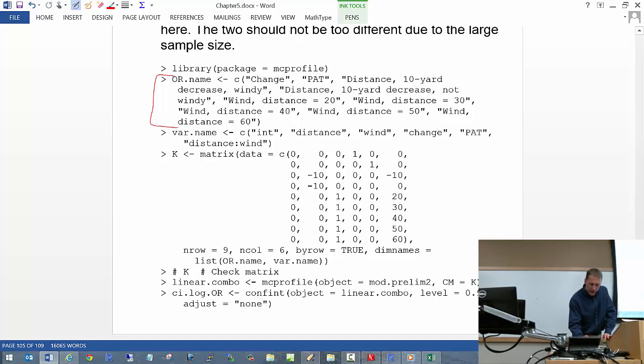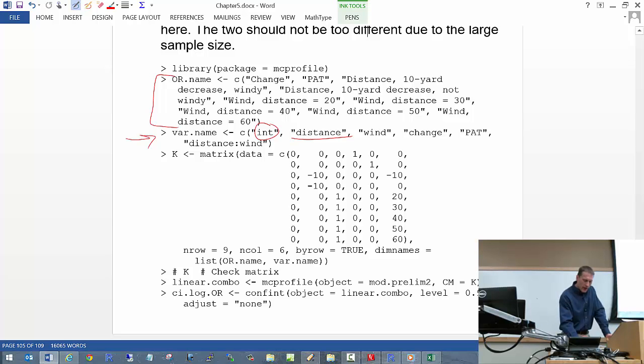And also to help me out too, I decided to create an object that contains the variable name in order of the beta hats in my model. So of course the very first beta hat of my model is the intercept, so I have int for that. The next beta hat was for distance and so on.